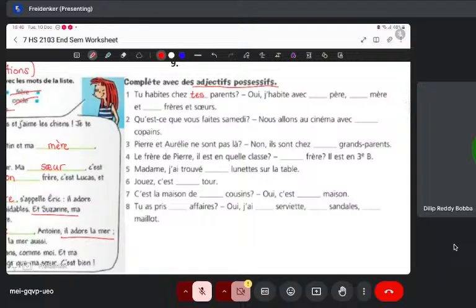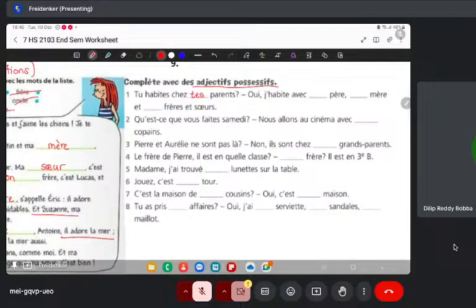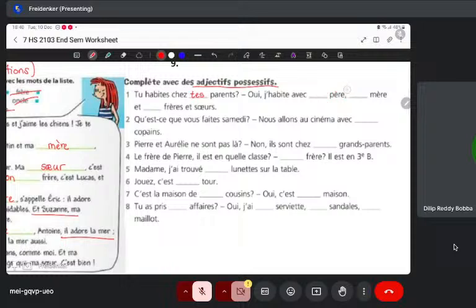So my means now you have MON, MA, and MES. But this is a masculine singular, so you will get MON. This is, sorry, the feminine singular, so you'll get MA. And I live with my father, my mother, and my brothers and sisters. Now this is plural, right? So you will get MES.